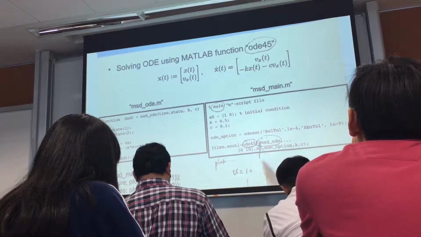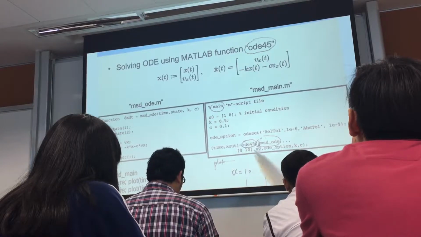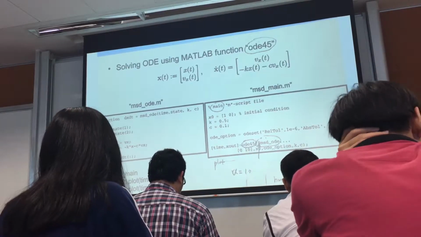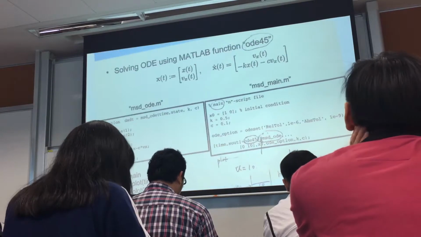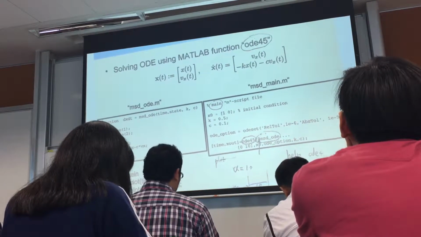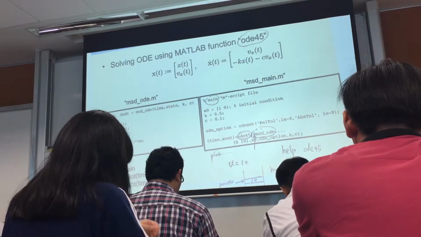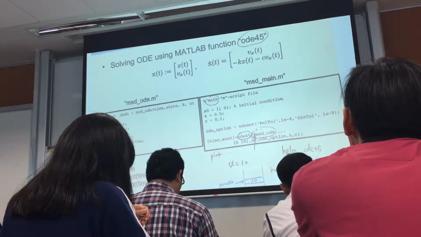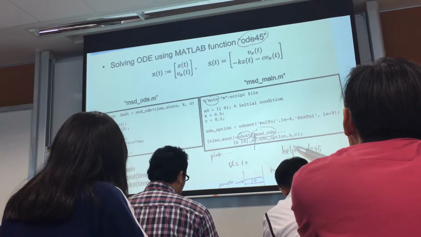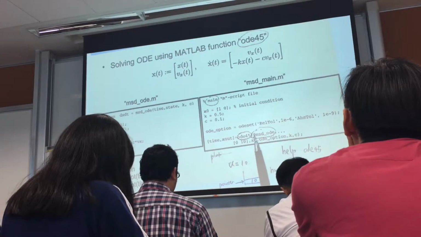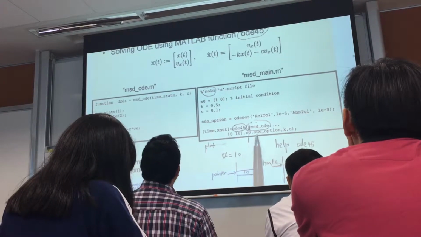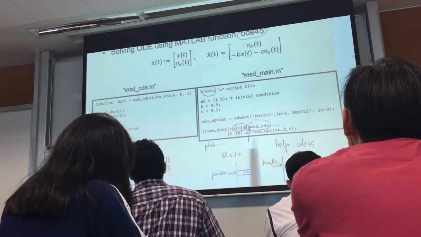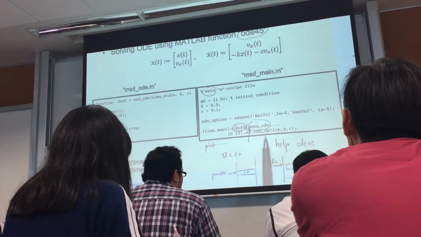You just define it in this ODE45 file. If you do help on this ODE45 file, MATLAB will show all the related help information for this command. So you can understand the other parameters here.